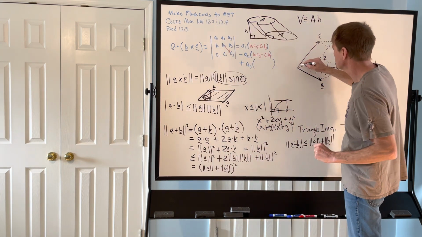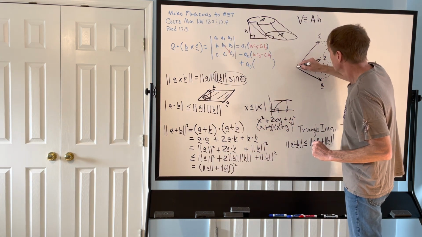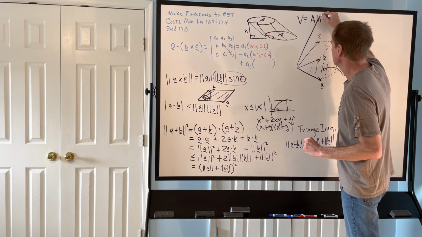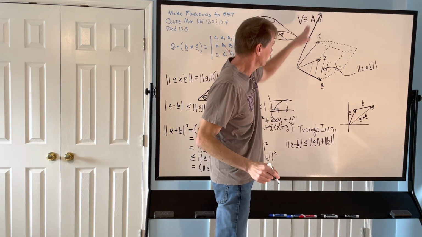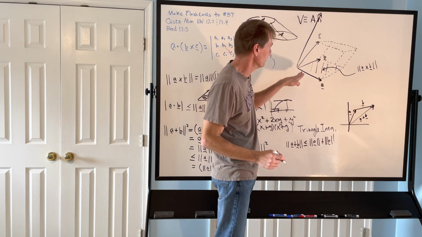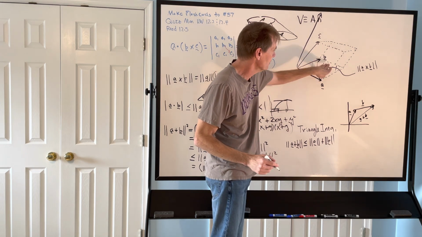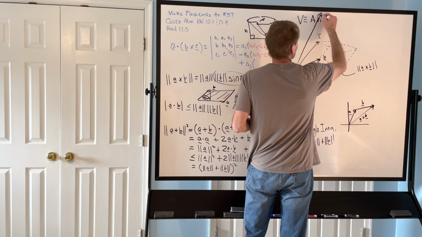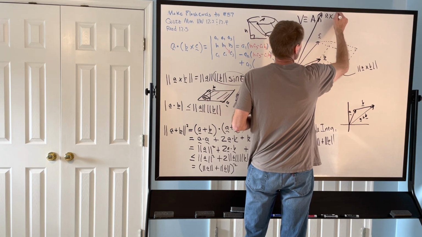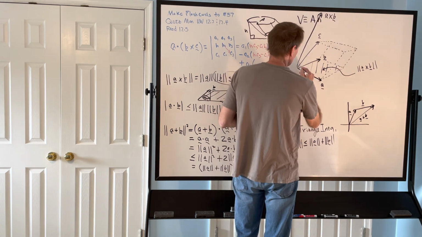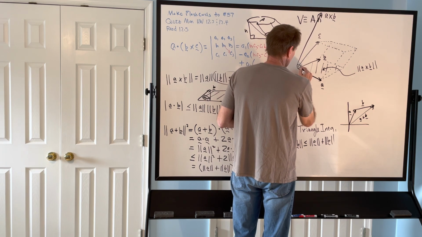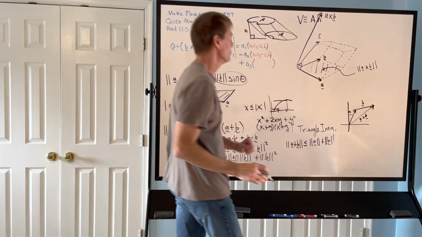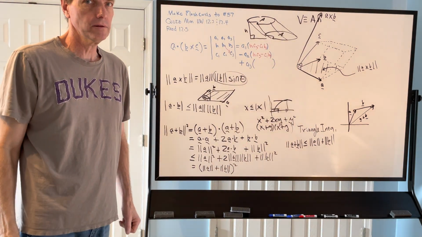So if I'm doing A cross B, and I don't know really how long this is, because the length of this vector is the magnitude of this area. And so this is my vector A cross B. Now this sits perpendicular to that vector and that vector, and so it's sitting perpendicular to the plane.